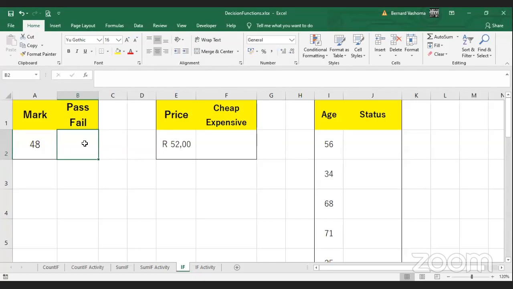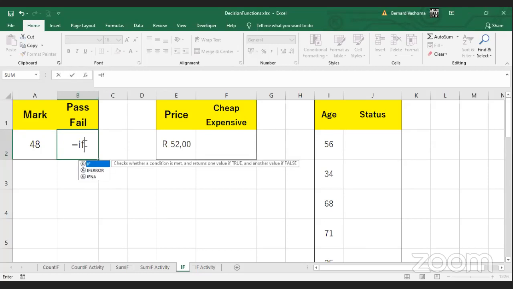All right, so we go on and type our if function: equals if, that's the name of the function, open bracket. Then the logical test, now the logical test is the first argument of the if function, and we say it is the condition. And in this particular case, our condition is a mark should be above 50 for a person, for it to display a pass, right?